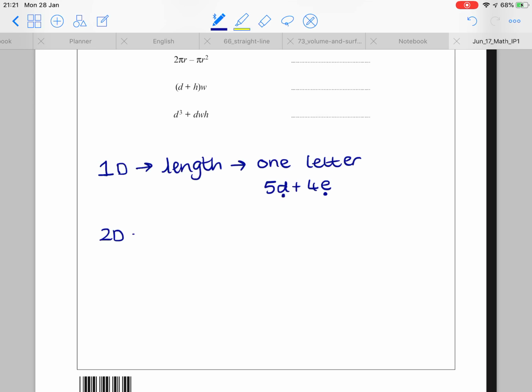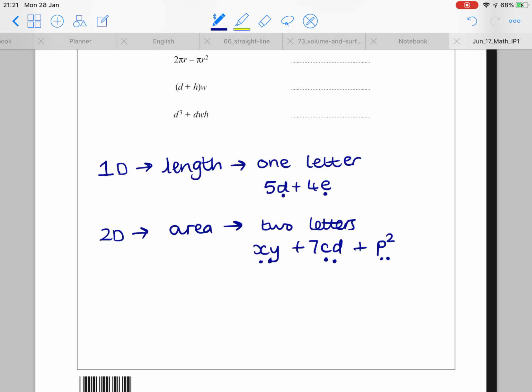2 dimensions or 2 directions will be an area formula, and then we'd expect there to be 2 letters in each of the parts. So XY plus 7CD, 2 letters here, 2 letters there, plus P squared, 2 letters there as well.